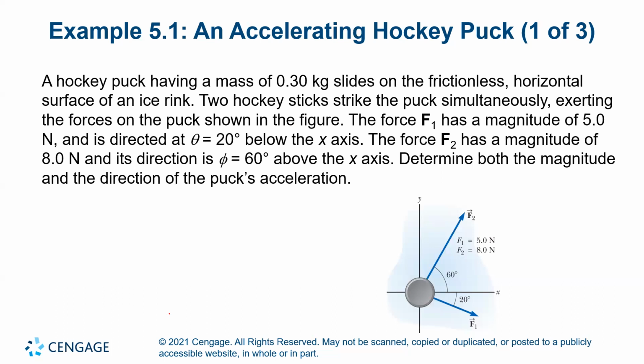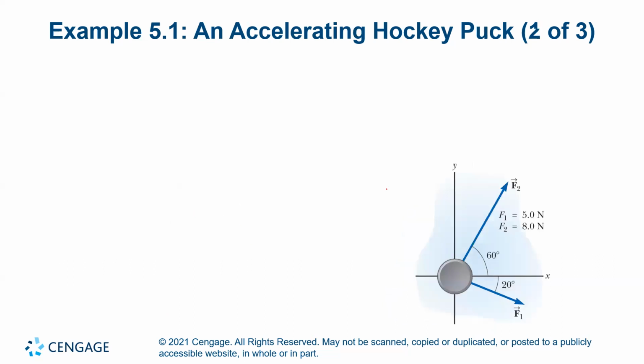And when you finally have the net force, you get the acceleration by using the formula acceleration is equal to net force over mass. So basically, that's what we will do.